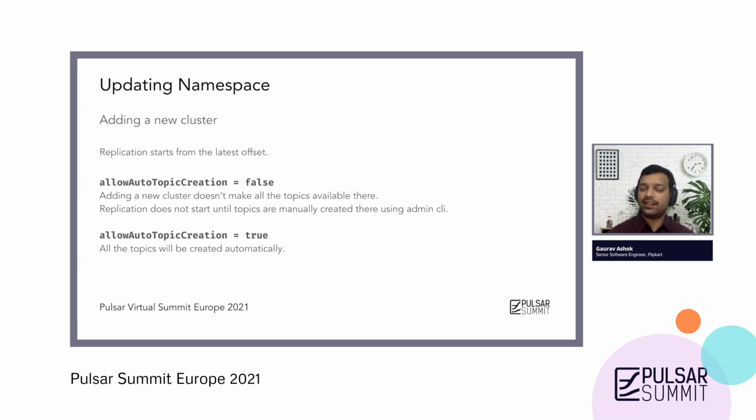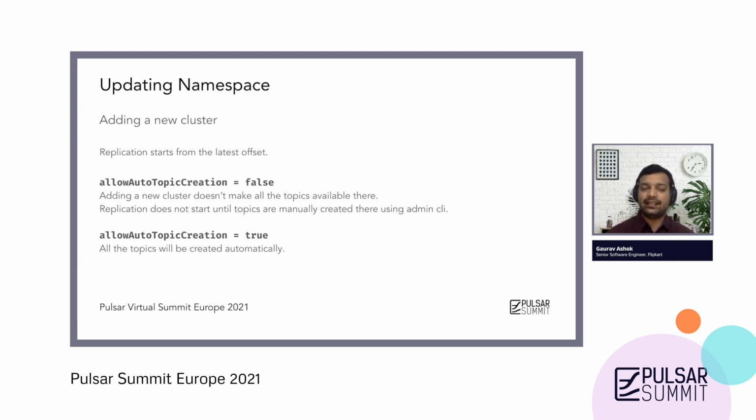So if the auto topic creation is false, what happens is that even though the replicators have been created in the existing clusters, the topics will not be created in the new cluster, and the replication will not actually begin. So until you actually create all the topics manually via admin CLI, the replication will not actually begin. But if the auto topic creation is true, then yeah, everything works.